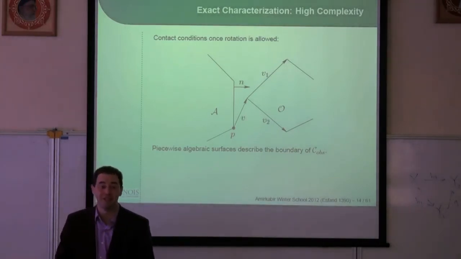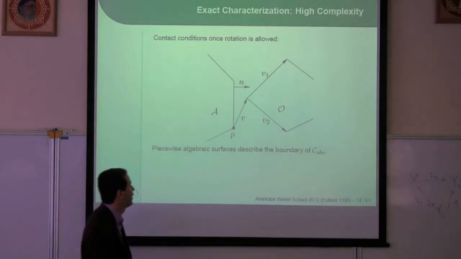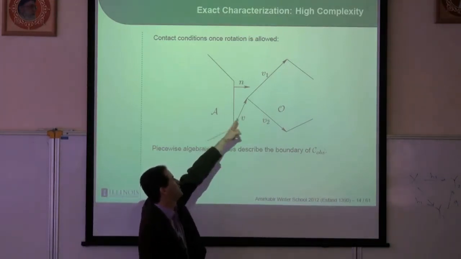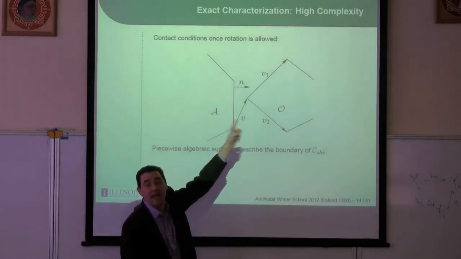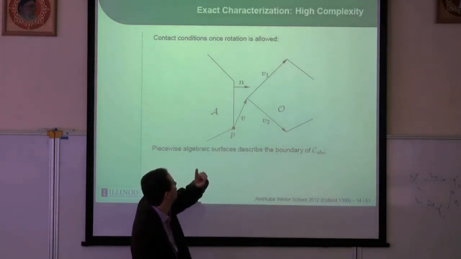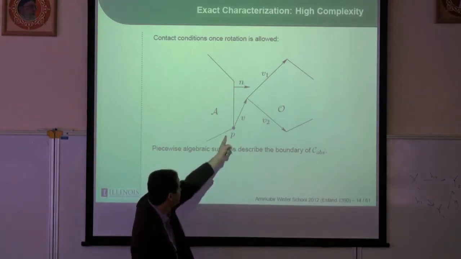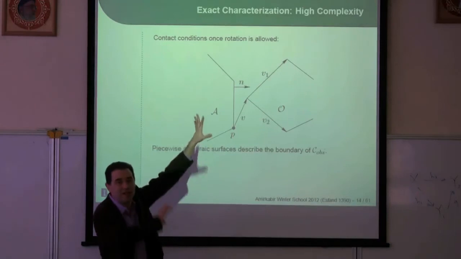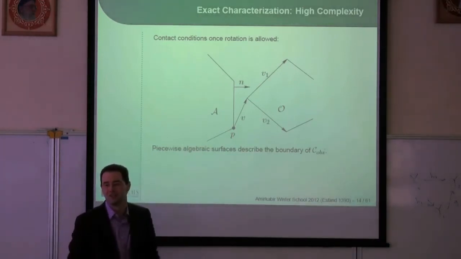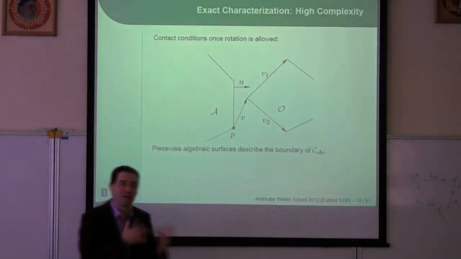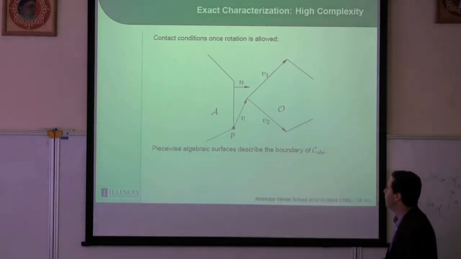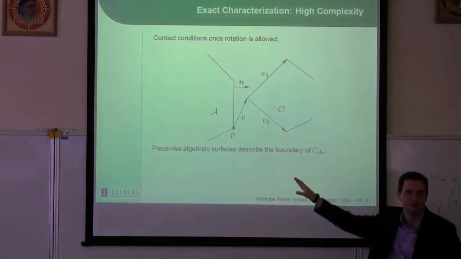But guess what? It's only piecewise algebraic because there's other cases, right? I have to look at every case where every edge of that robot touches every vertex of the obstacle. And I have to look at the cases of every vertex of the robot touches every edge of the obstacle. Because this thing can rotate, and you have to look at all combinations. Right? So that's quite a bit. There's a quadratic number of combinations. And each one of them produces some algebraic constraints.